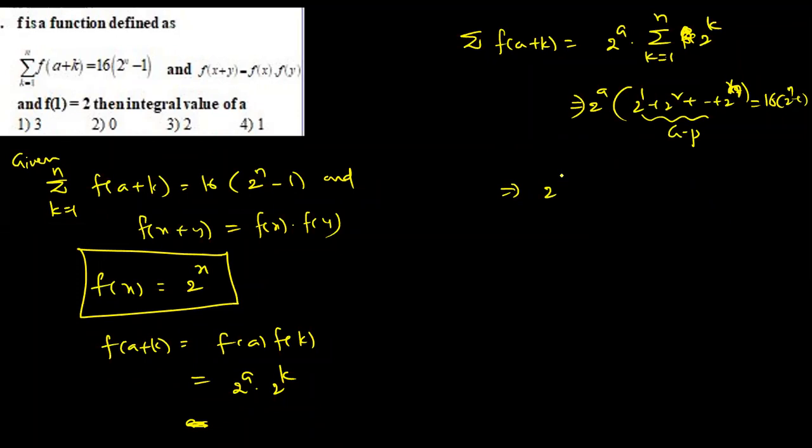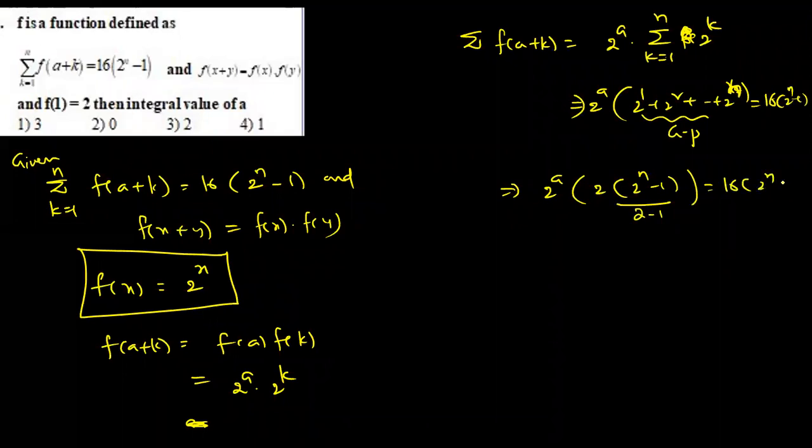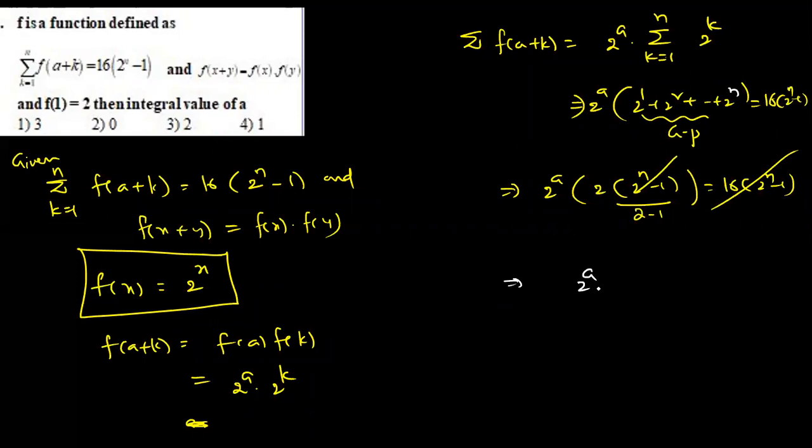The answer is coming 2 power a into 2 into (2 power n minus 1) by (2 minus 1), equal to 16 into (2 power n minus 1). Both are cancelled. So 2 power a into 2 is equal to 16, 2 power a is equal to 8. Answer is a equals 3.